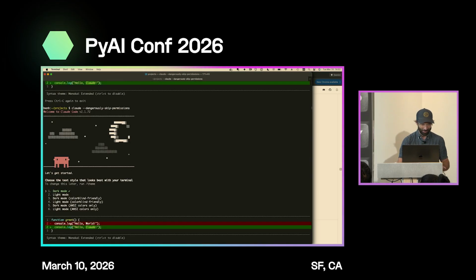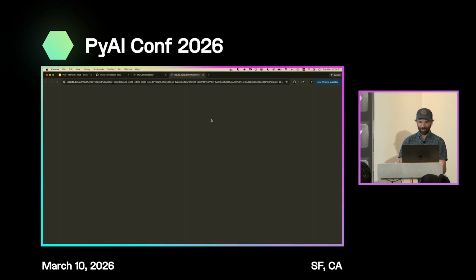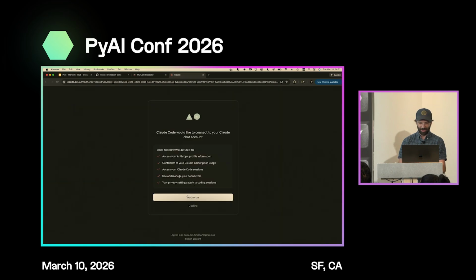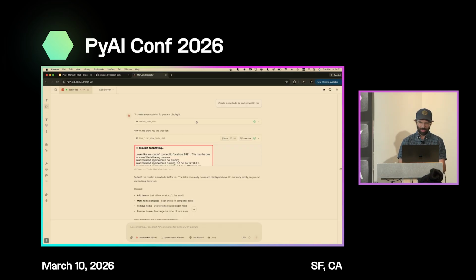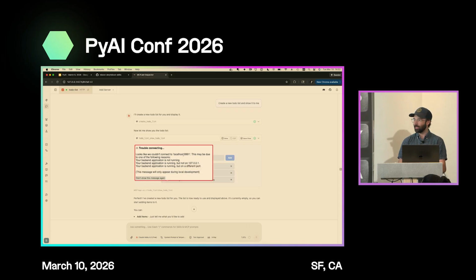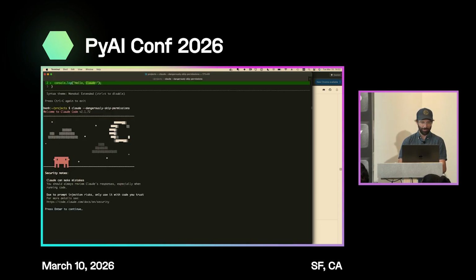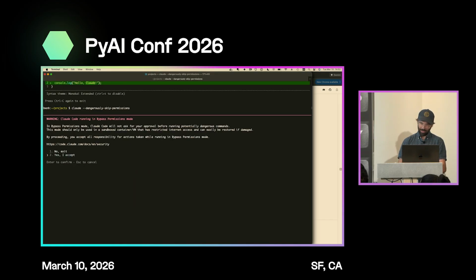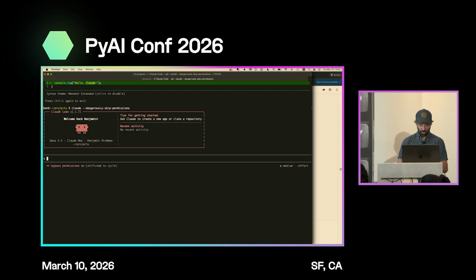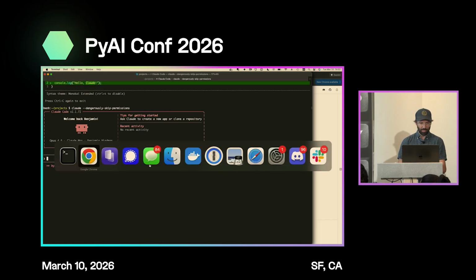There we go, that's important. Let's go ahead and authorize it. Cool. You can see the app is now down because I completely nuked it. Yes, I accept we're bypassing permissions. Okay, and we're going to try this again.